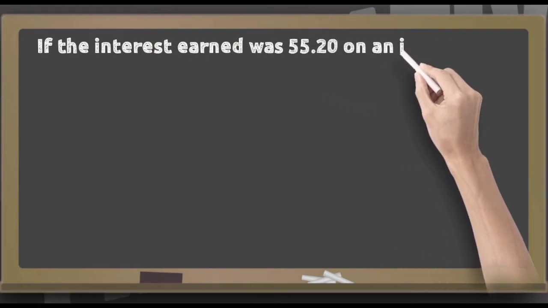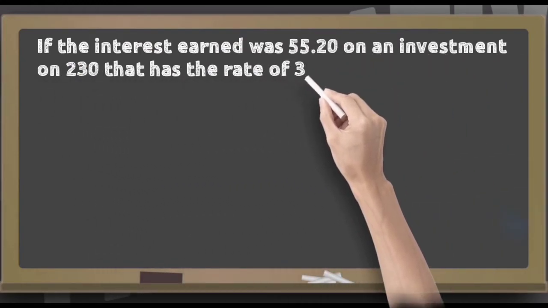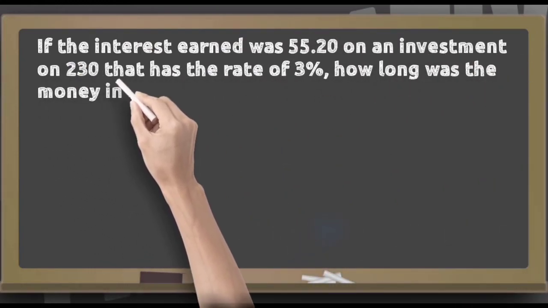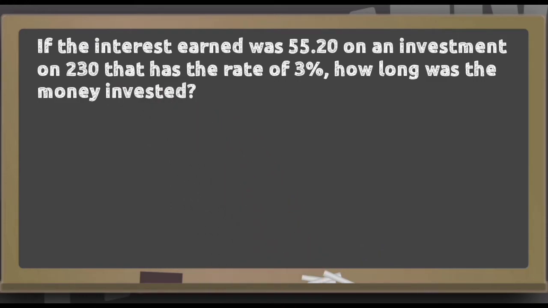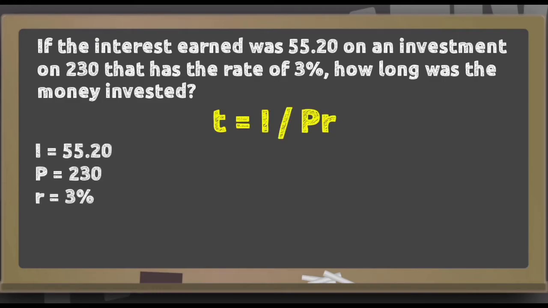If the interest earned was 55.20 on an investment of 230 that has a rate of 3%, how long was the money invested? So the problem is asking how long was the money invested. So it is asking for the time, and this is the formula for getting the time. Now, get the value of the interest earned, principal, and rate.